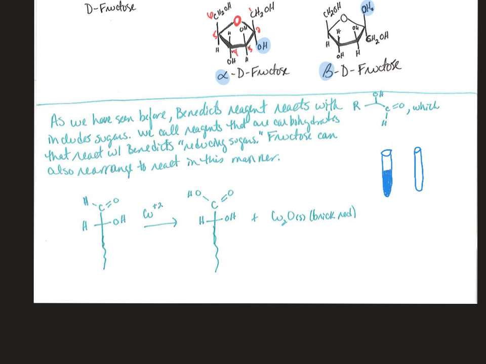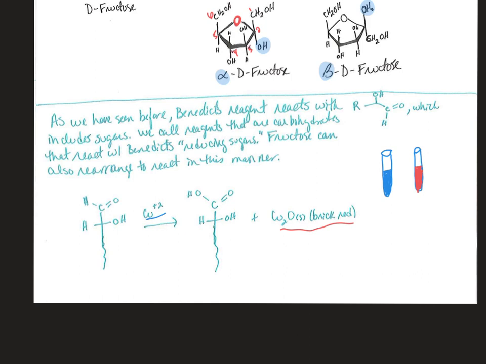Benedict's reagent originally is this nice pretty blue color, and that is due to the copper in it. But in the presence of a reducing sugar, it's going to turn a nice brick red, and it's pretty distinct. And so that's what ends up happening here.